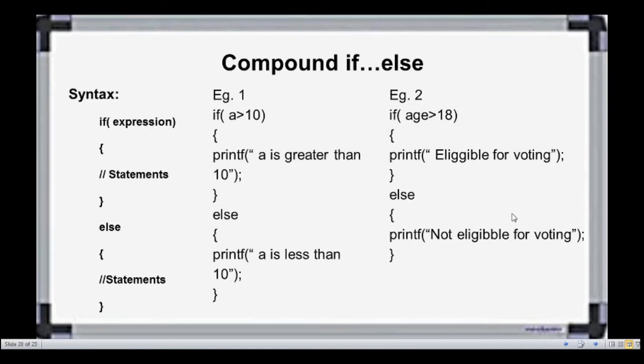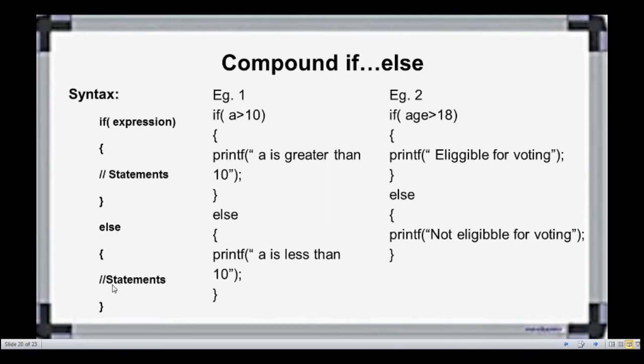Next type is a compound if. Compound if means what? Here is the condition. If the condition is true, then it will execute this part. If the expression is false, then it executes this else part.